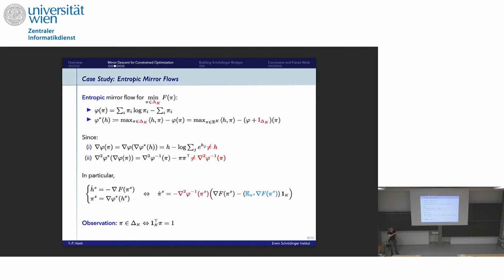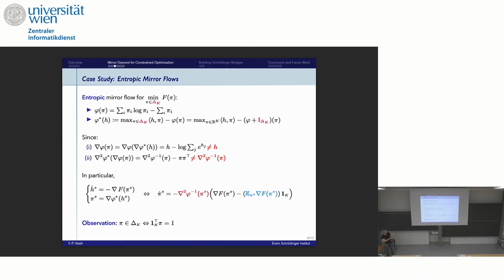It's just that the sum of the entries of the vector has to be 1 or some constant. So the gradient is a vector, and this expectation is the inner product of pi with the gradient.